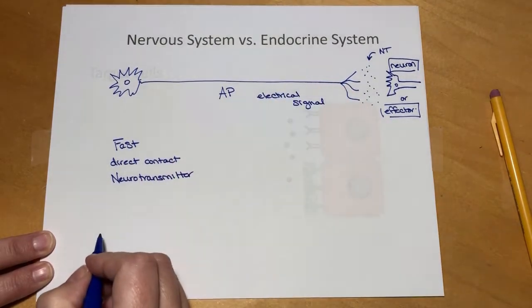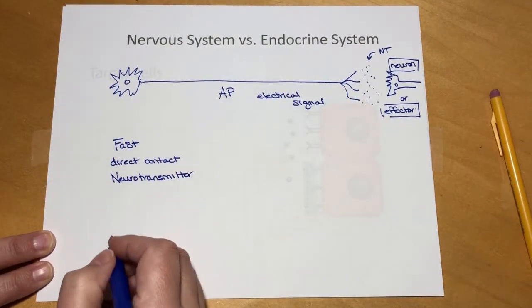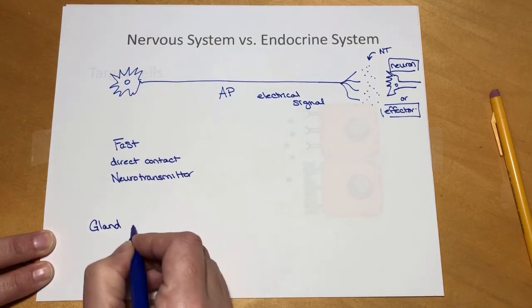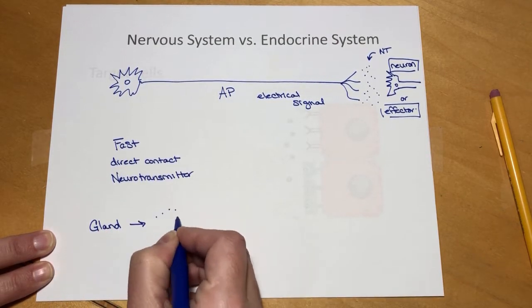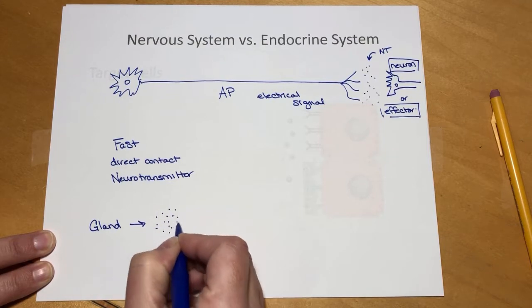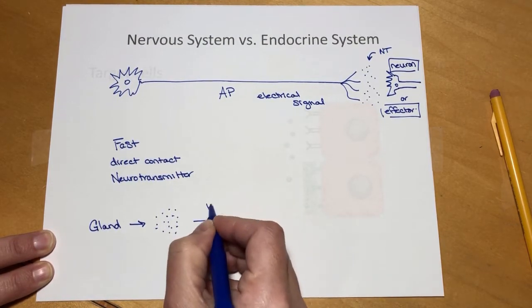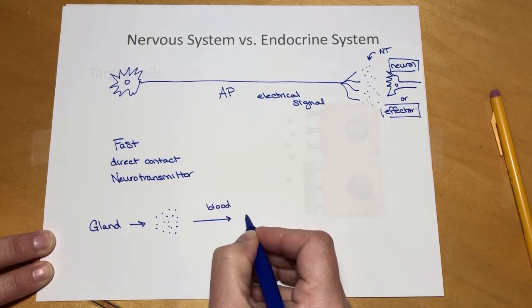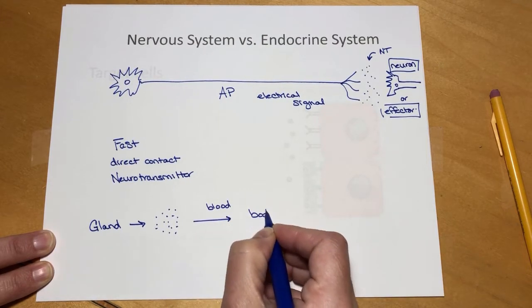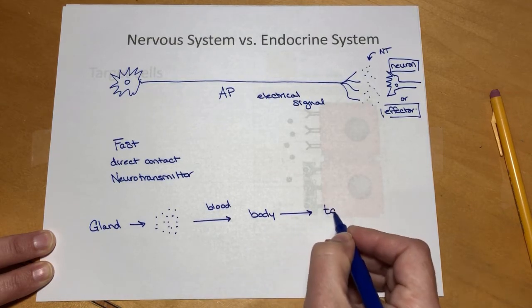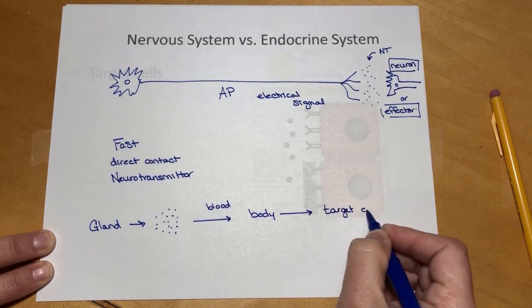In the endocrine system, however, we have a gland that's going to produce a product directly into the bloodstream, which will then circulate throughout the body. Somewhere in the body is the target cell.